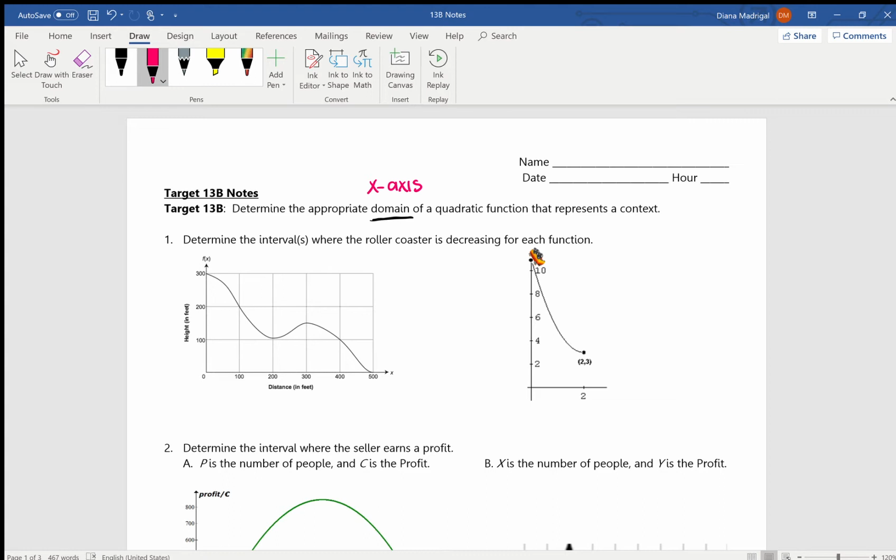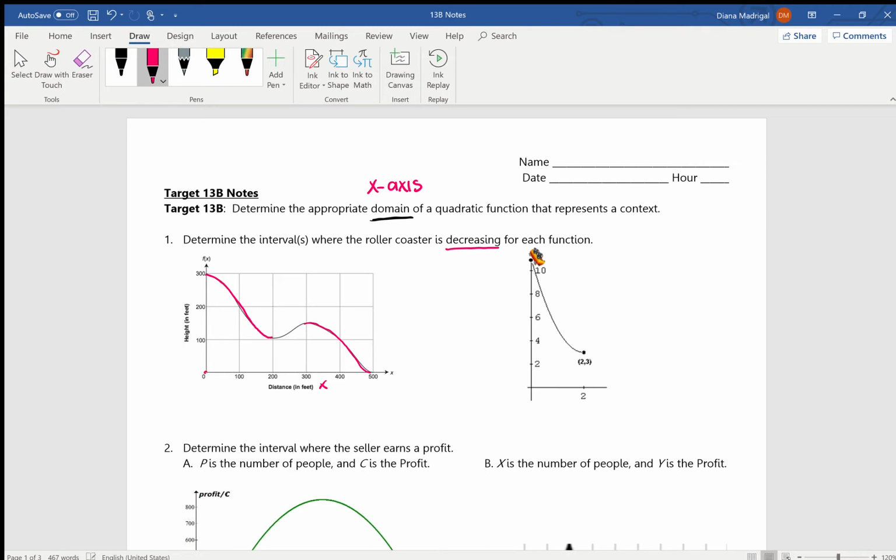It says determine the intervals where the roller coaster is decreasing for each function. From our first graph, we notice that it's decreasing from this little side here, and it's increasing another side over here. So to write the intervals, you're going to start from the x-axis because we're looking at the x.